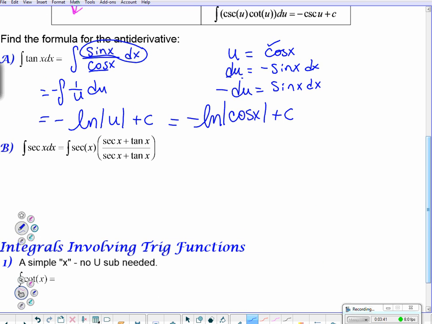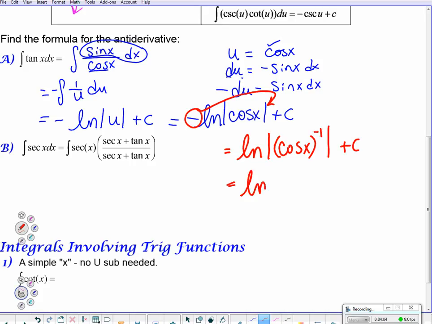Now, there is one other way that this can be expressed, and that is if I were to take this negative and bring it back up. Then this is going to look like natural log of absolute value of cosine x raised to the negative 1 power plus c.